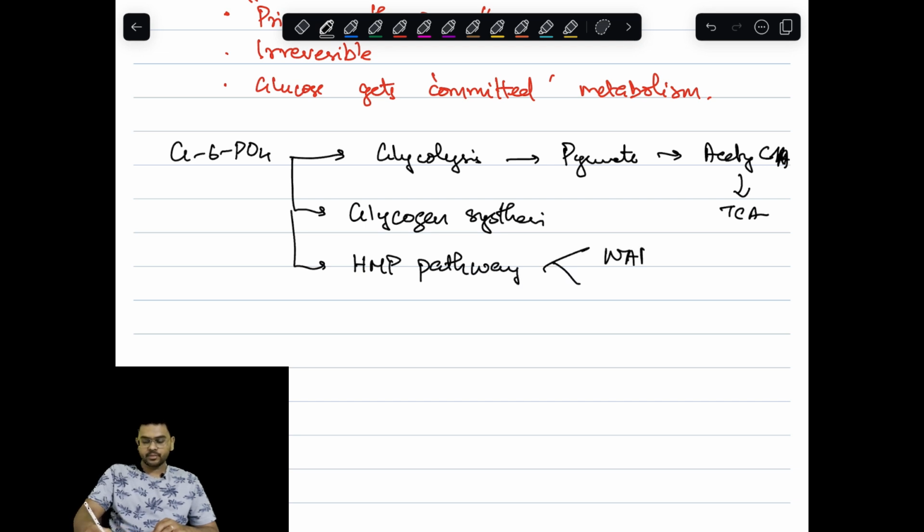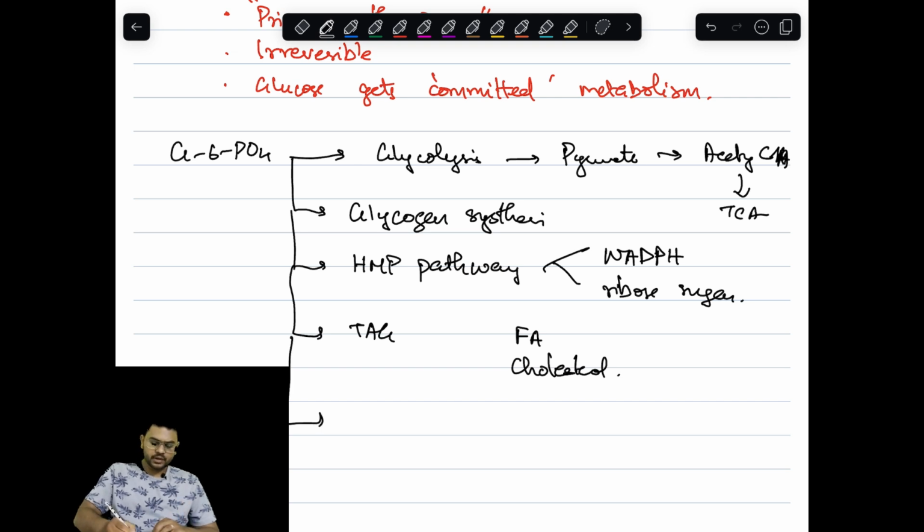So here you can either produce NADPH, or you can also produce ribose sugar. So pentose sugars can also be produced. In another pathway, it can be diverted to form triacylglycerols, or it can also be utilized to form acetyl CoA and eventually synthesize fatty acids and cholesterol molecules.